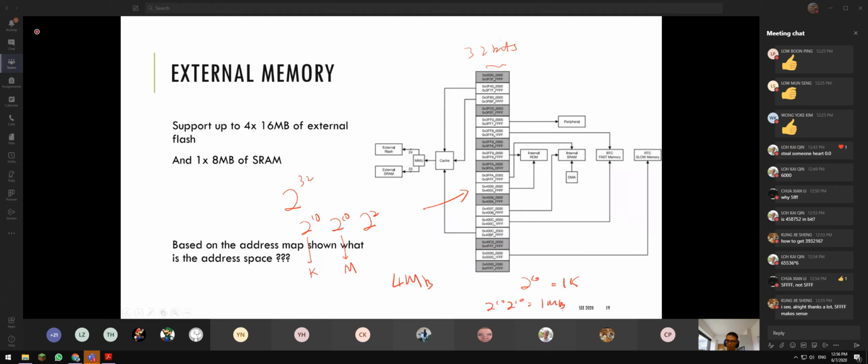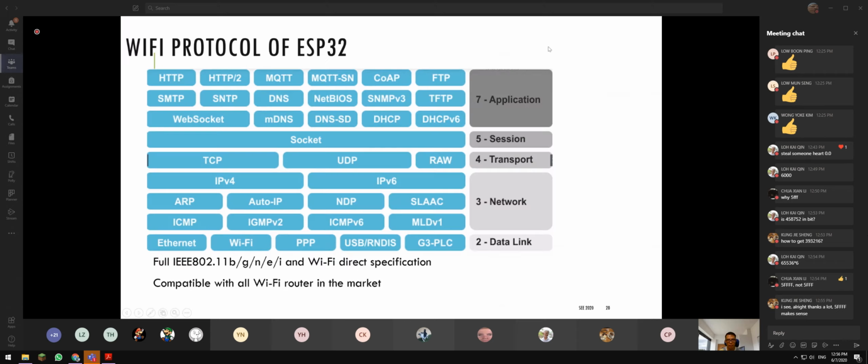Remember, 1K is 1024 bytes, not 1000. Kilo and 1024 are two different things.